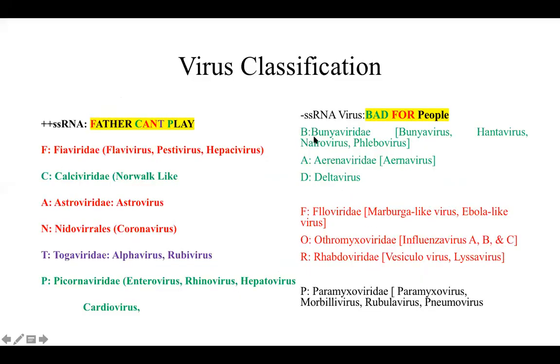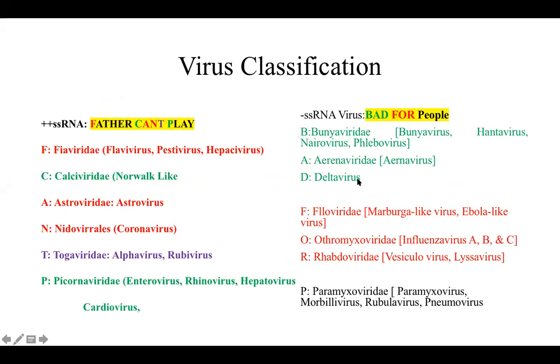The first letter of bad, B, stands for the bunyavirus, which includes the hantavirus, nairovirus, and phlebovirus. A stands for the arenavirus, which includes the unnamed arenavirus.